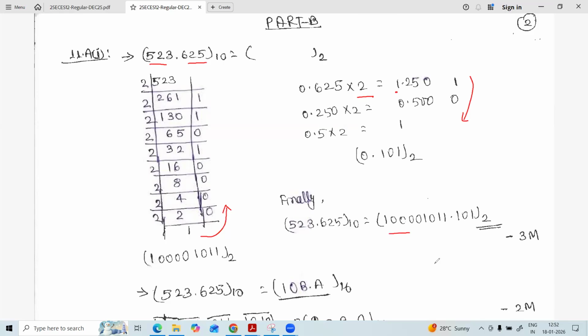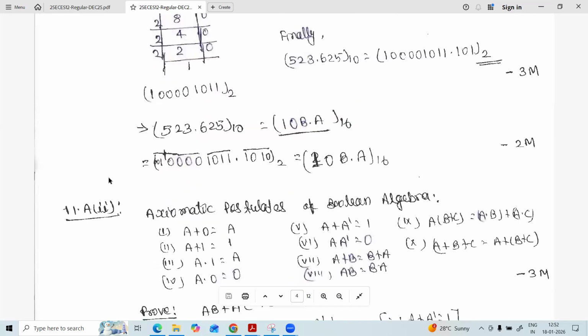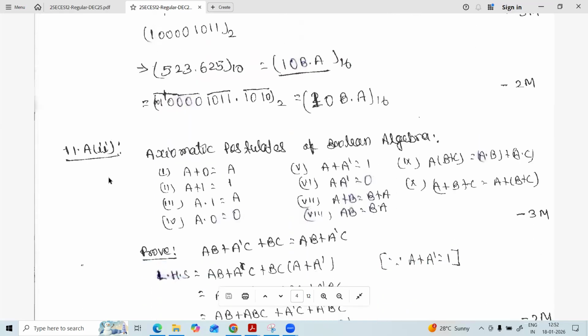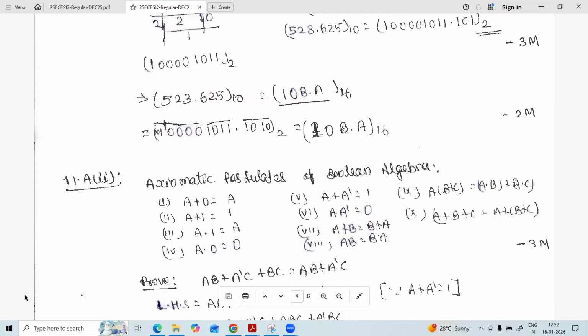Now, once we have binary, we can easily convert it into hexadecimal, octal, whatever is required. Here we are going to use the direct conversion. The given decimal number is already converted into binary. Now what is the rule? You have to make combinations of 4 bits in case of hexadecimal, because 2 to the power 4 is 16.